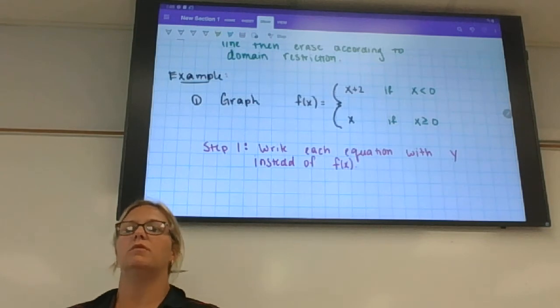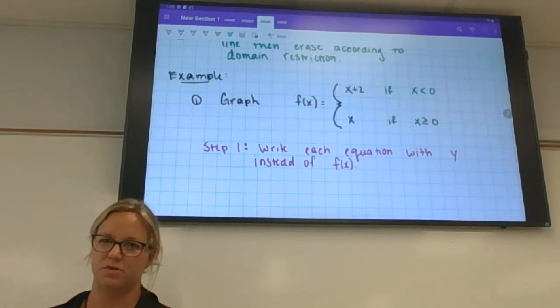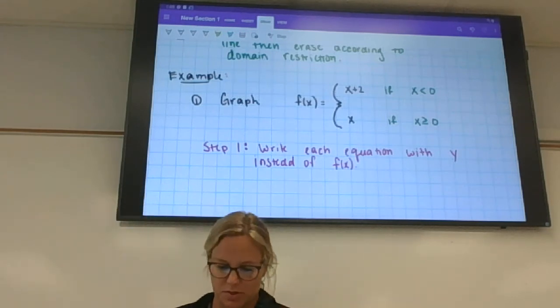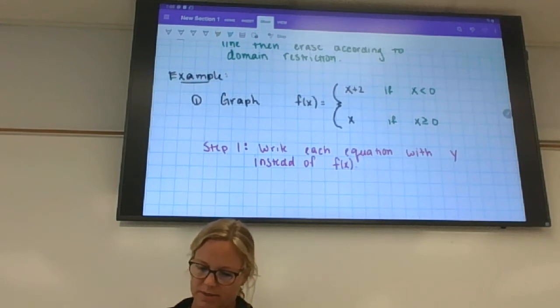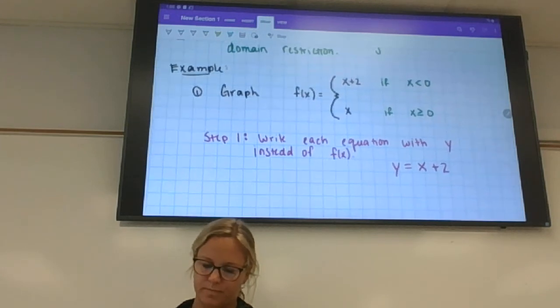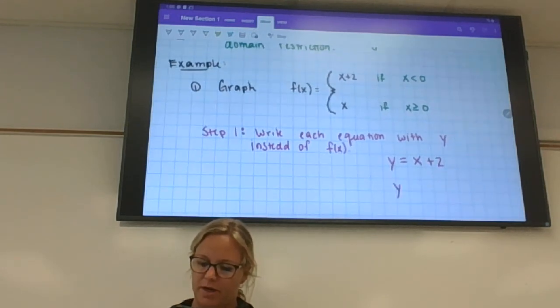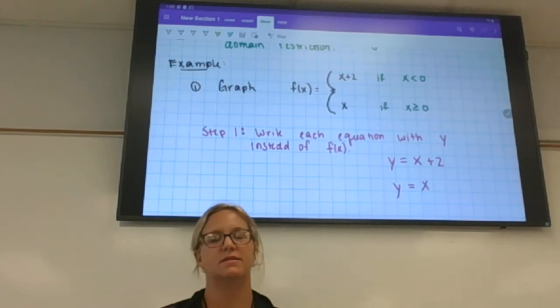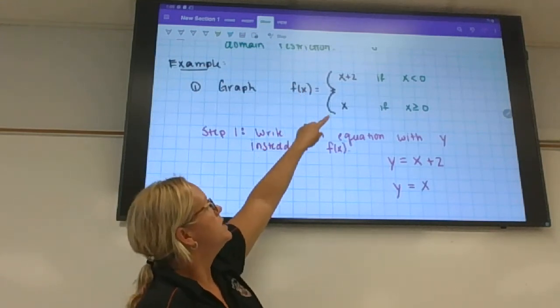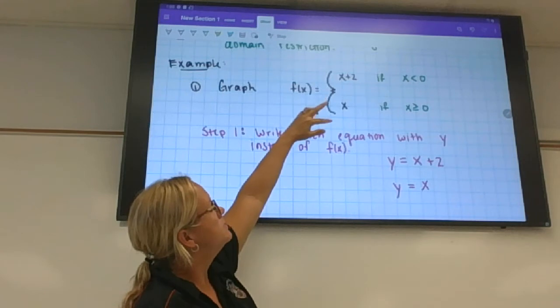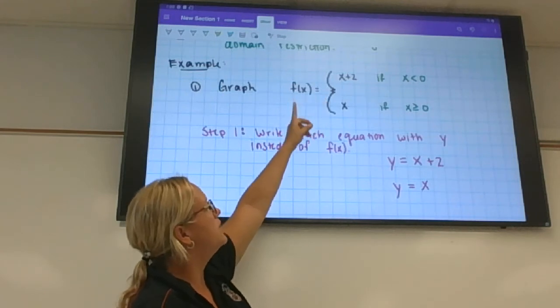So that could be helpful. And if that's something that you know and do naturally anyway, then you're not going to do step 1. Instead of f of x, the way it's presented, I'm going to write y equals x plus 2. That's my first one. My other equation is y equals x. So this is 2 equations representing one function.